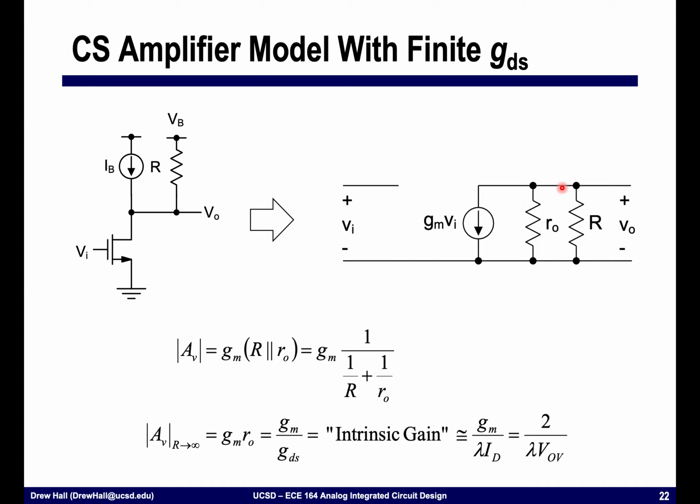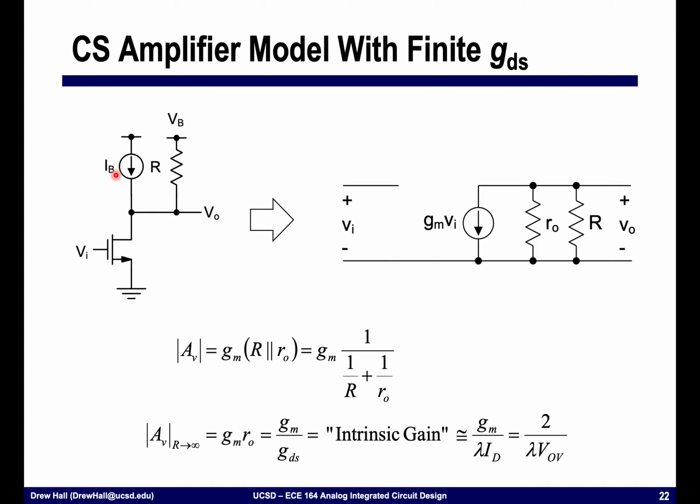So R parallel R0. And so if we think about this idea of letting R go to infinity, we would find that the intrinsic gain, or the gain of the circuit, was equal to GM R out, or GM over GDS. This is what we call the intrinsic gain. This is the maximum gain that I can get from an ideally loaded transistor with a perfect current source. Okay?